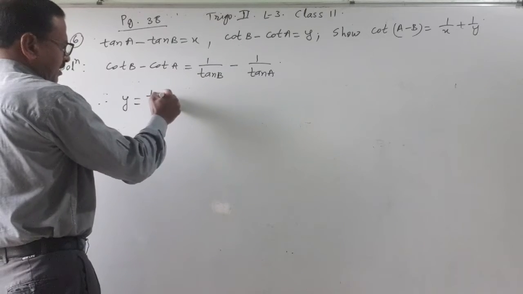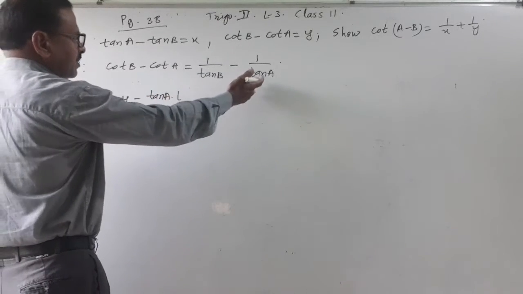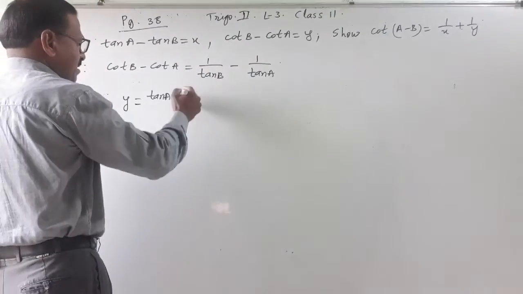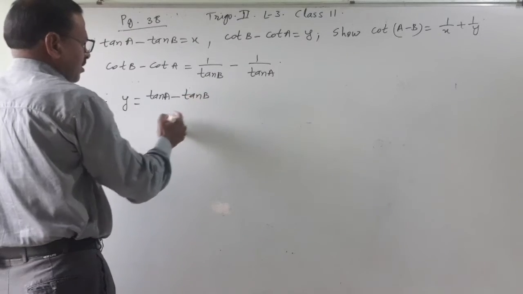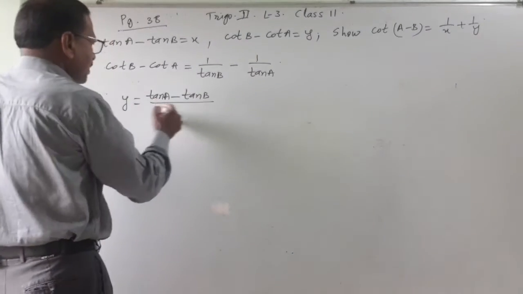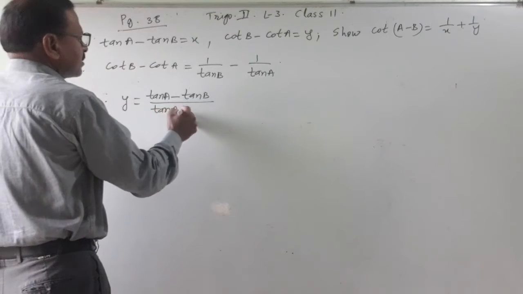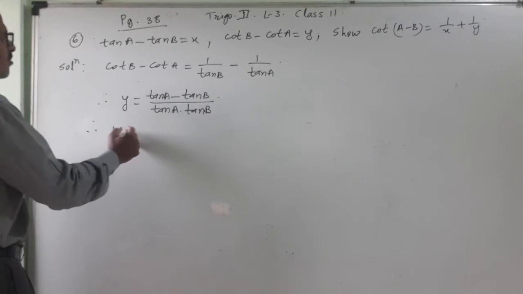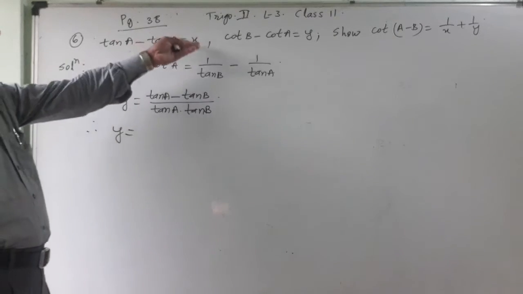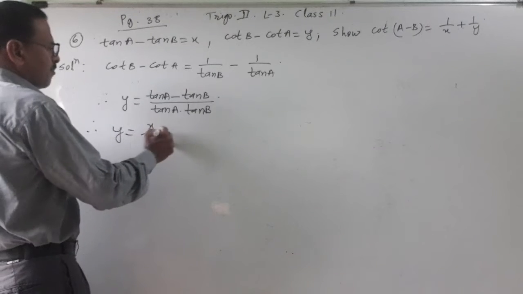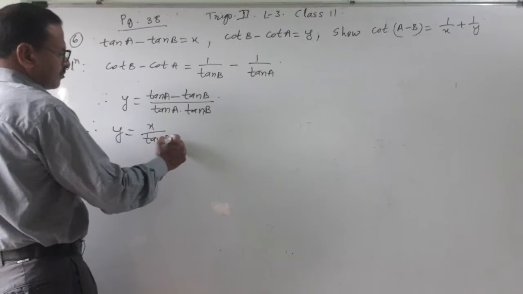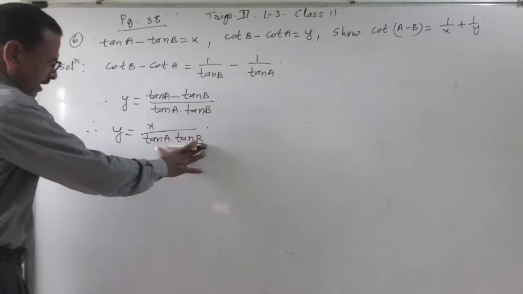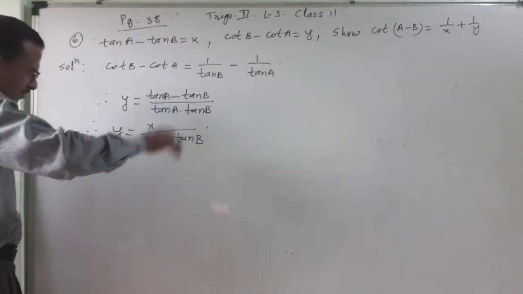Tan A, minus tan B, into 1 upon tan A into tan B. Therefore, y is equal to tan A minus tan B, which is x upon tan A into tan B. Therefore, I will bring it here, it will become into and it will come here.